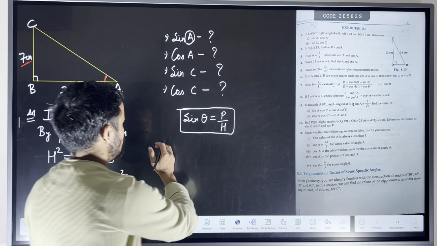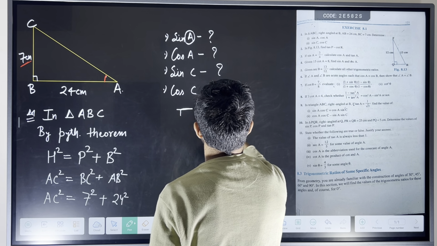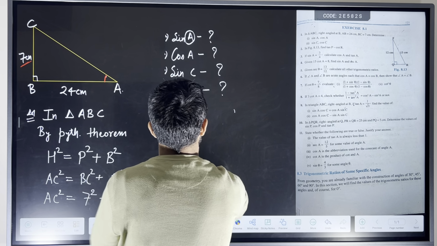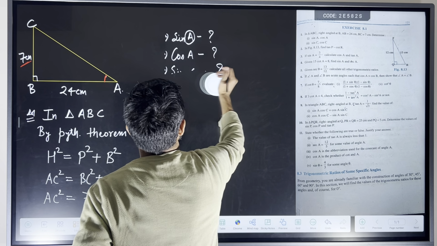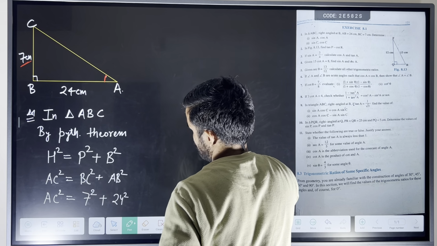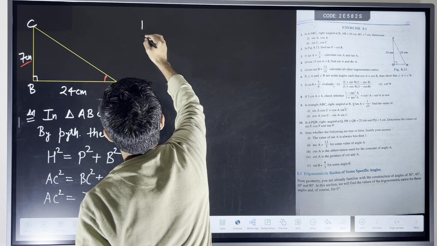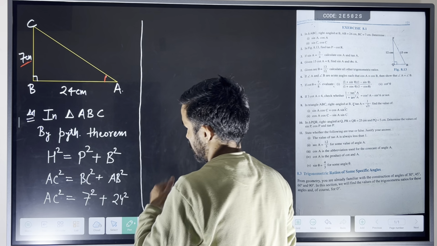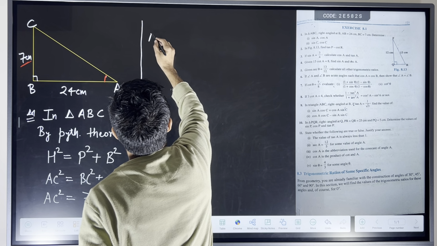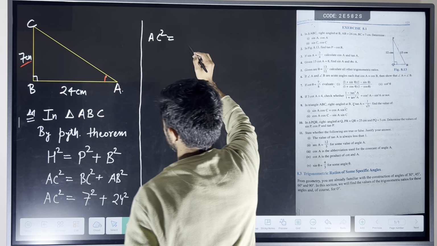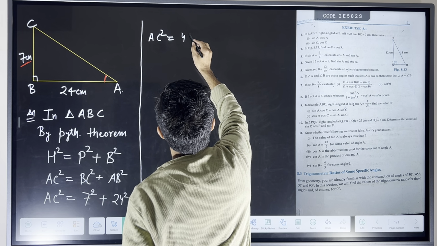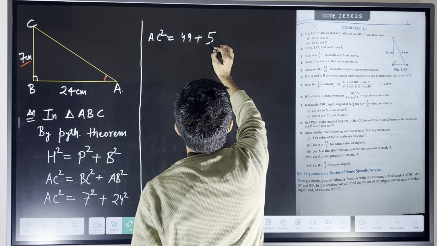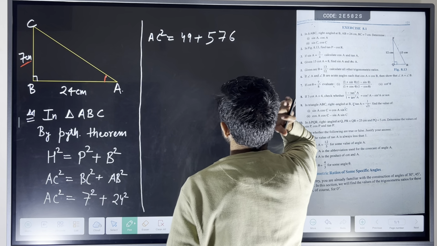Now AC square is equal to 7 square, which is 49, and 24 square, which is 576.